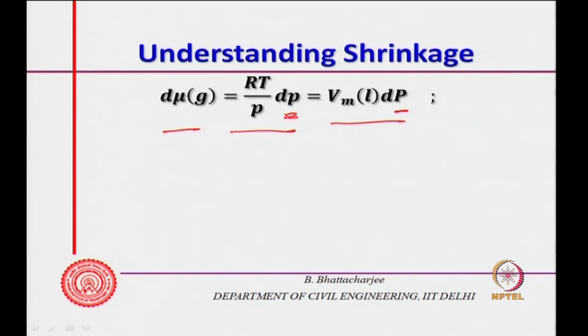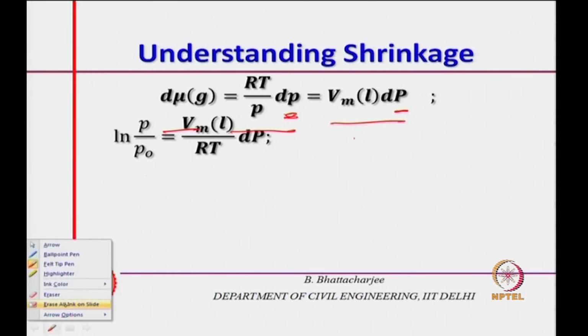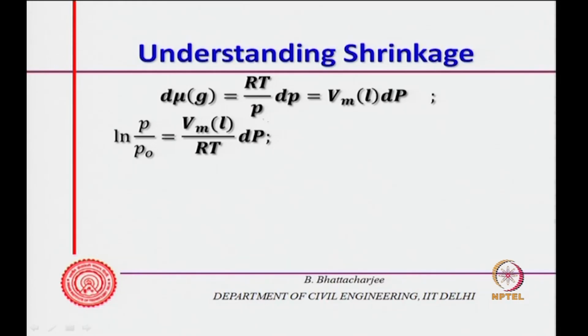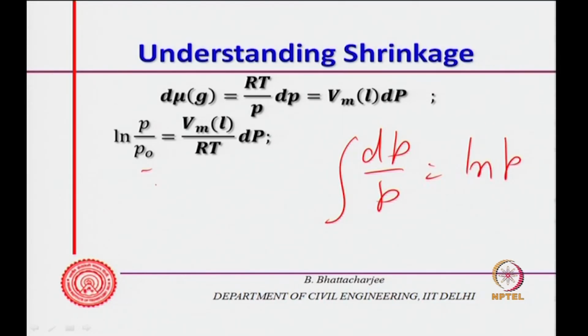So, therefore, if you integrate both sides, you will get ln P by P 0 equal to, integrating dP by P with limits P 0 to P, ln P. So, vapor pressure changes from P 0 to P, and that must equal V m L by R T times the applied pressure dP. So, therefore, ln P by P 0 equals V m L by R T dP.